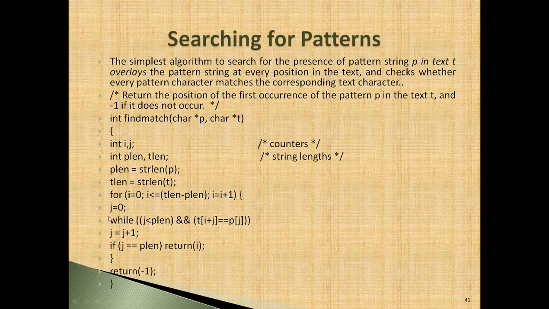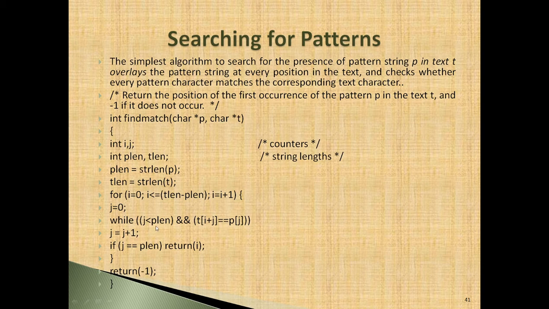Within the for loop we take j equal to 0 and we have a while loop with the condition j less than P len and, logical and, T of i plus j equal to P of j. That is, if the text at i plus j is equal to the pattern at j, if matched with these two conditions, then j will be incremented.